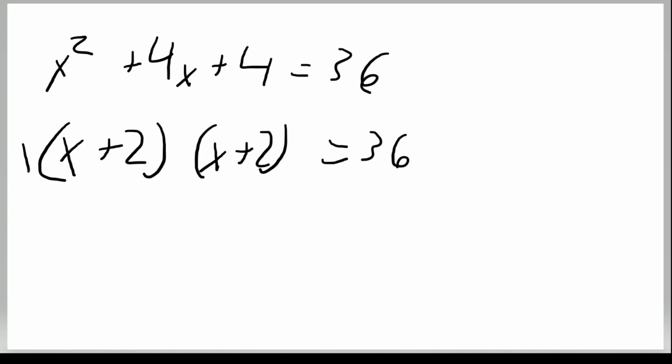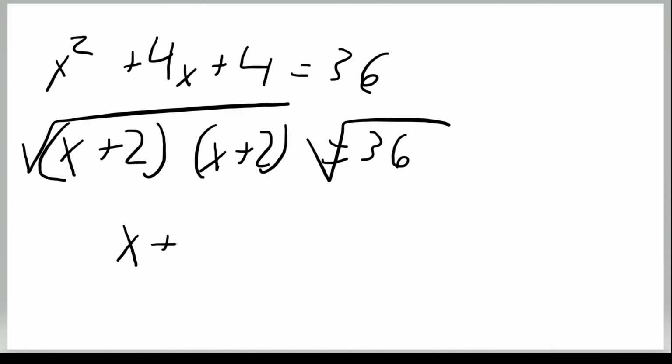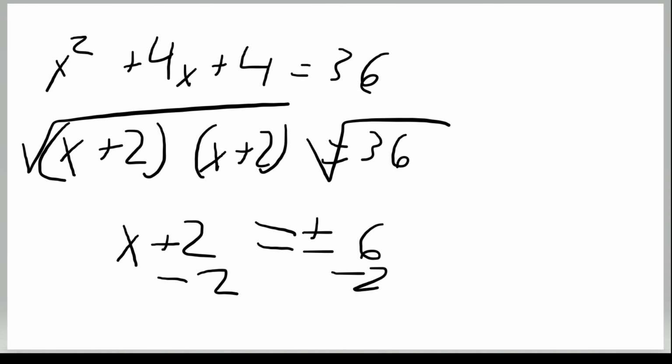Now, we can take the square roots. This would be x plus 2 equals plus or minus 6. So now that we got that, we can take the plus or negative. So you minus 2 minus 2.